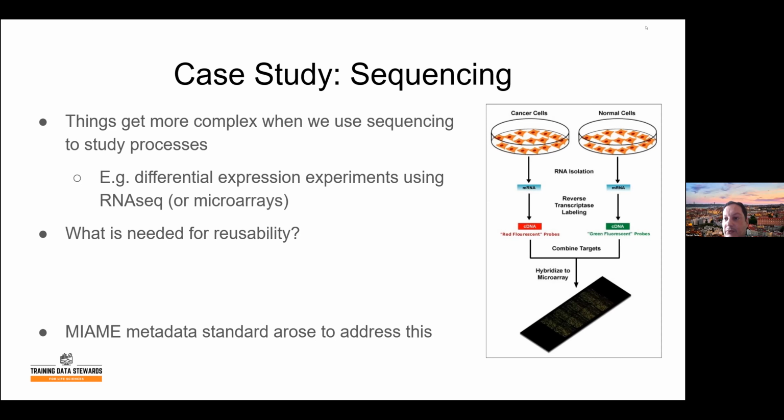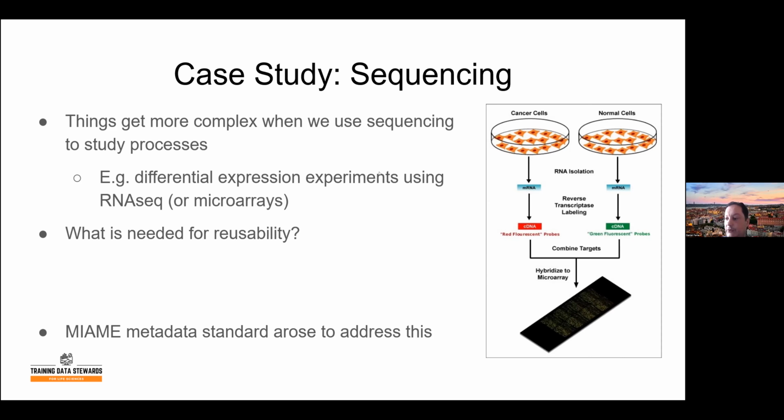So in essence, to be able to reuse data from an experiment that focuses on a process, okay, where we are comparing things and assessing the differences, requires a full description of the whole experiment, okay? Whereas, for example, a sequencing experiment where you're just determining the genome of an organism comparatively requires a lot less metadata.